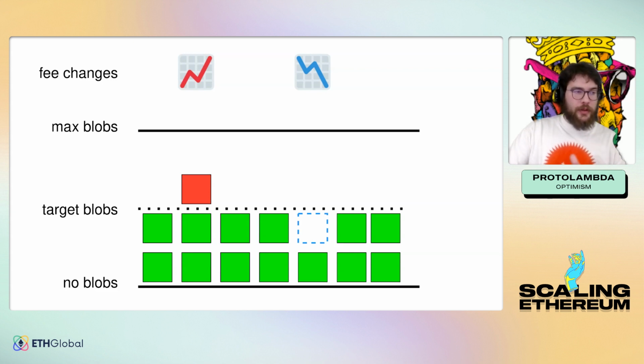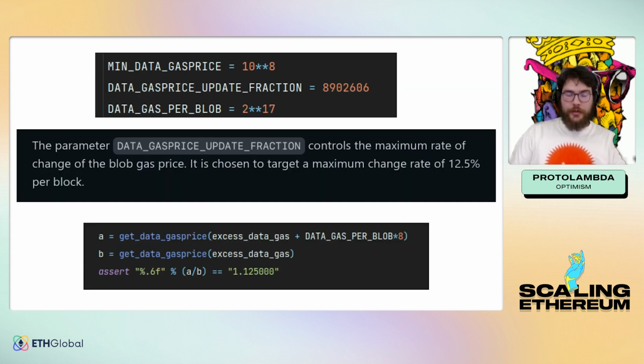So we target half, and we have a maximum capacity of twice the target, similar to EIP-4844, except now with data gas rather than EVM gas. This is how this is expressed in the EIP. It's a little bit hard to parse because the formula is different, but it has the same properties.